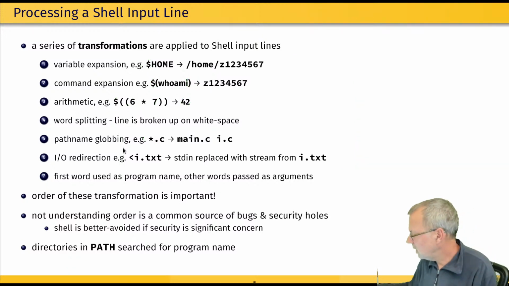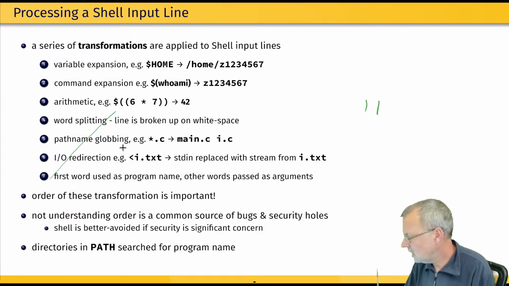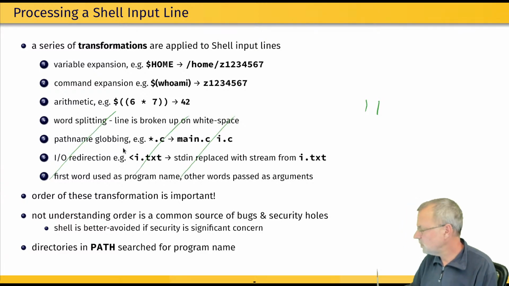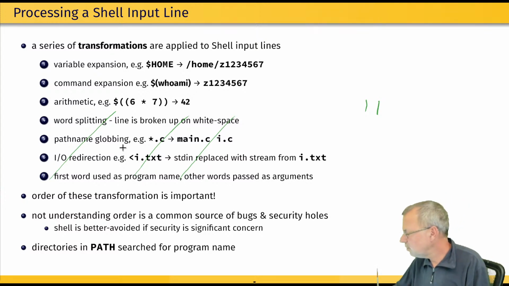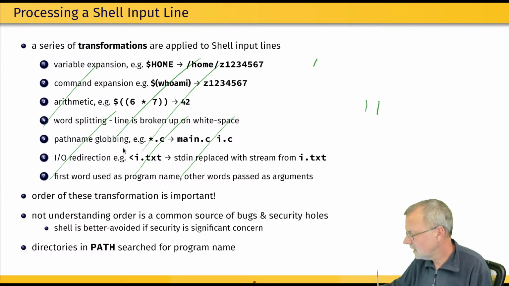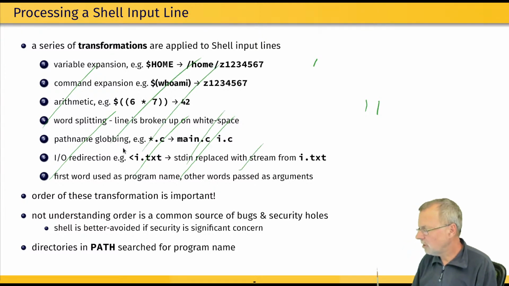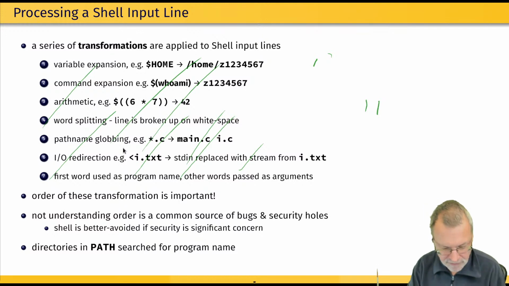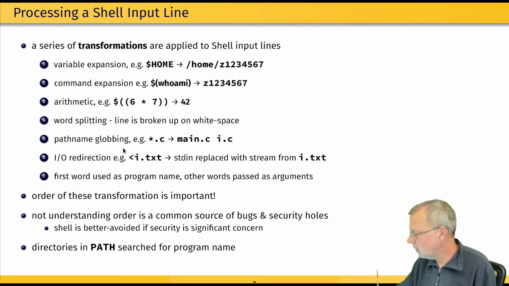If I put double quotes, none of this happens. So if I put it in double quotes, I can stop the last four things happening. If I put it in single quotes, I can stop it all happening. But I've got to be aware, if I don't put quotes around something, all of this happens.